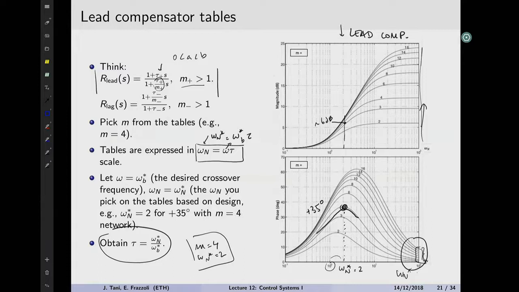So at zero frequency, your steady state error is given by 1 over 1 plus L of 0. So the magnitude of that has to be, what is it? We said 1%. So 1% means that it has to be 1 over 100.